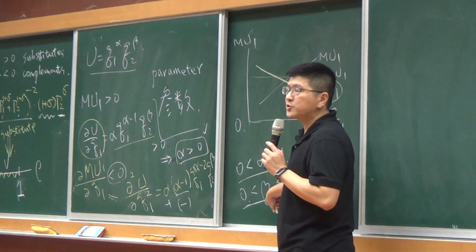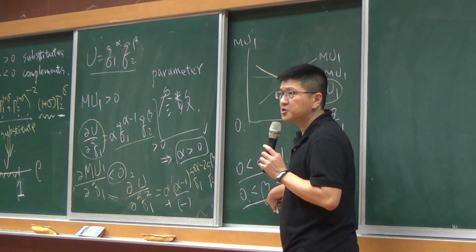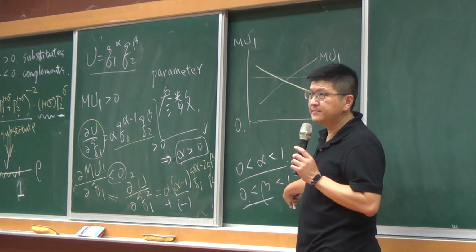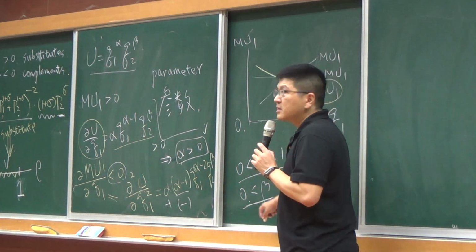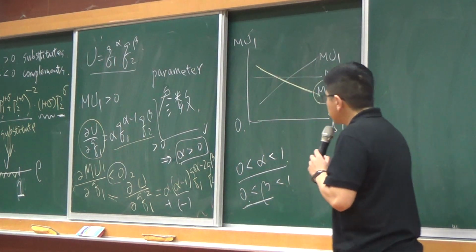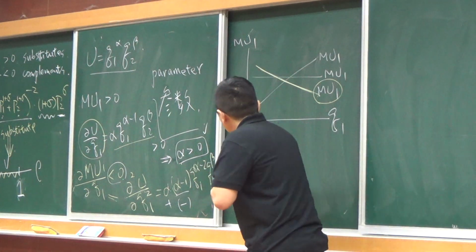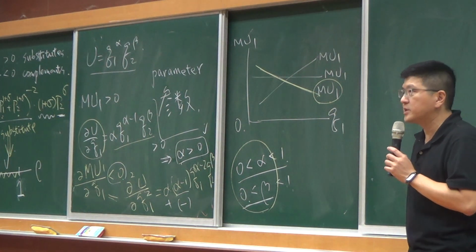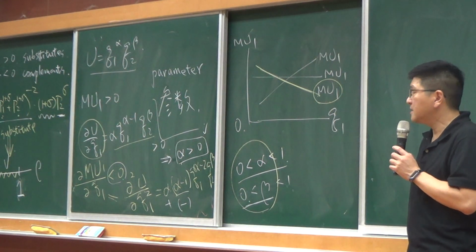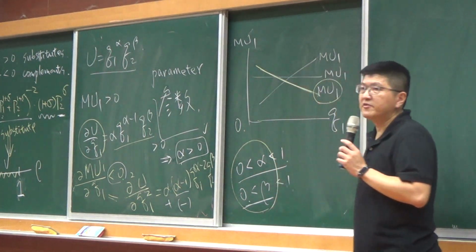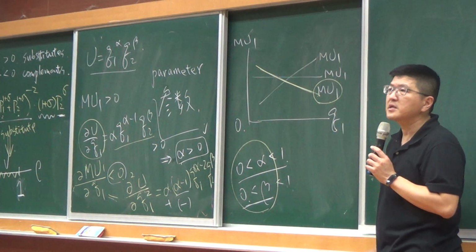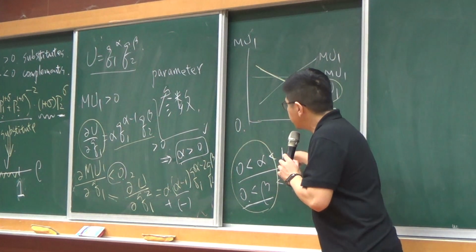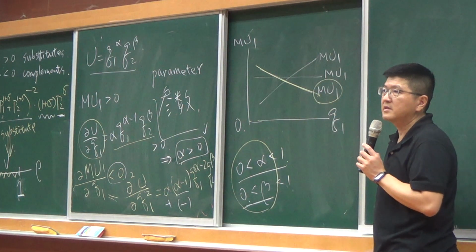But for the marginal utility of good 2 to be diminishing, beta must be less than 1. Is that clear? Okay, so in the midterm, I just asked you to find this. For good 1 and good 2 to be good rather than bad, you need to derive these two conditions: alpha and beta to be positive. That's it. I did not ask you to derive the second thing. Okay?